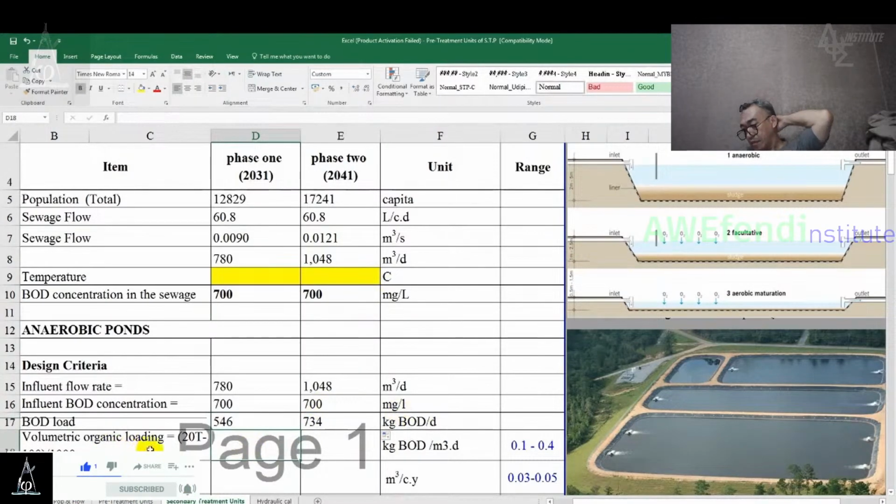Volumetric organic loading equals 20 T minus 100 divided by 1,000. T here is temperature. Temperature, we can assume it as 23, for example.